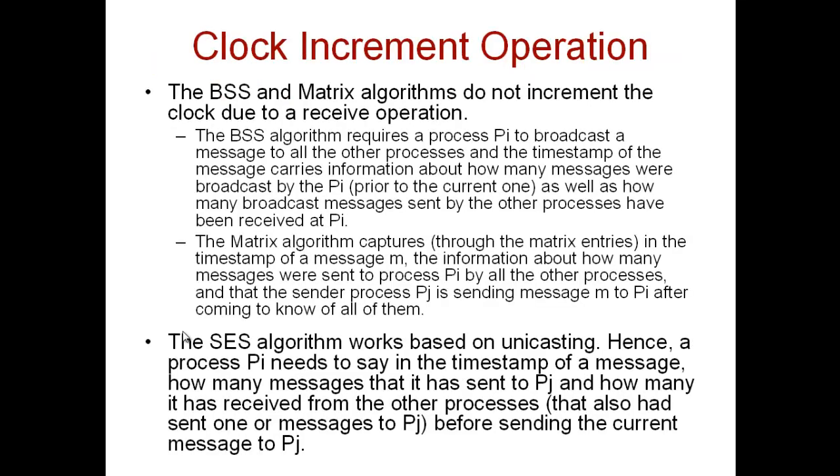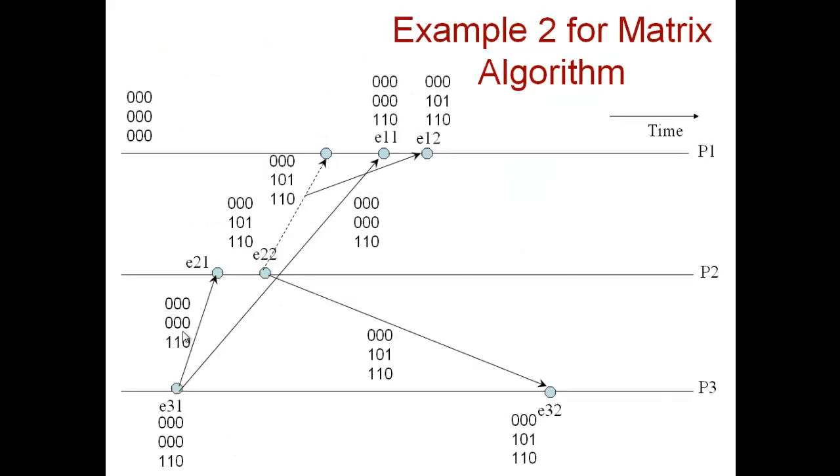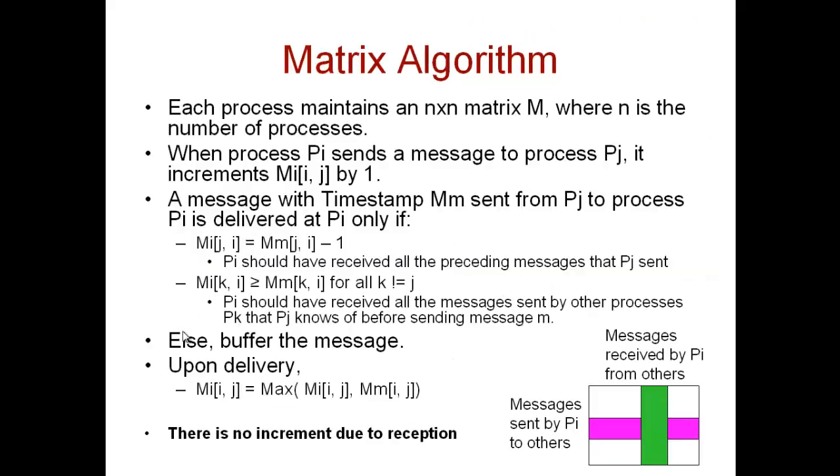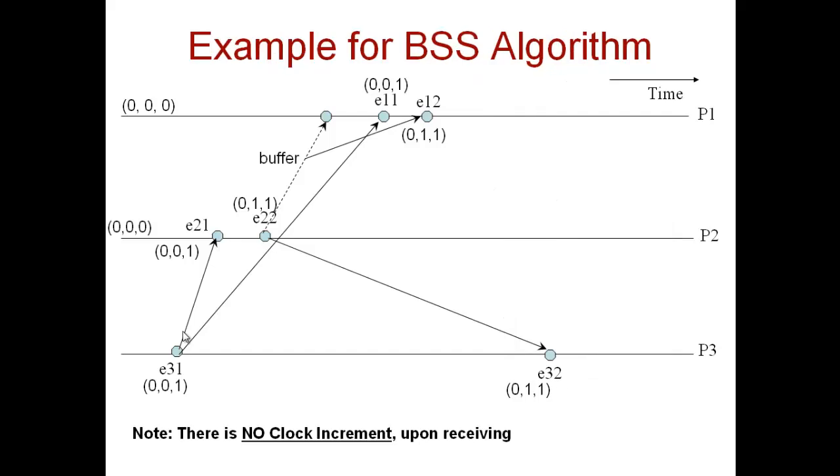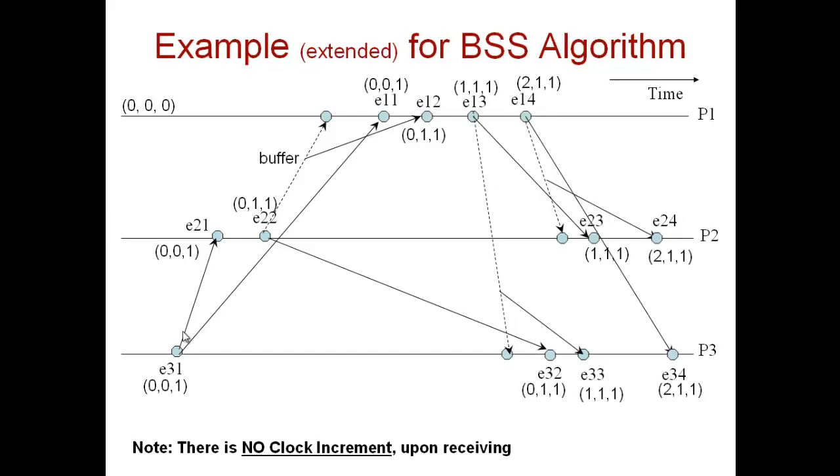Now let's compare the clock increment operation in all three algorithms. In the BSS algorithm and the matrix algorithm that we just saw, we are essentially doing broadcasting in both cases. In the BSS algorithm, we broadcast directly, so we keep track of the number of messages we have sent.